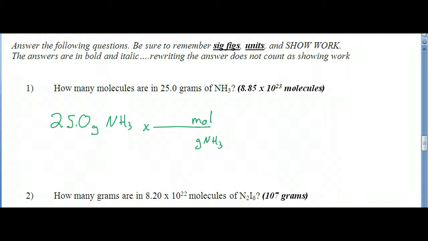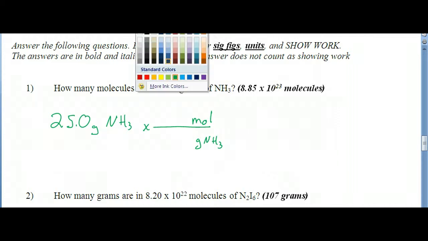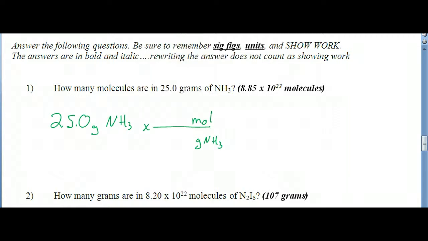How to convert grams to moles: you convert grams to moles using the molar mass. And so the molar mass of NH3, ammonia, is 17.0307 per 1 mole. If I have 1 mole of ammonia, NH3 molecules, it would weigh 17.0307 grams.